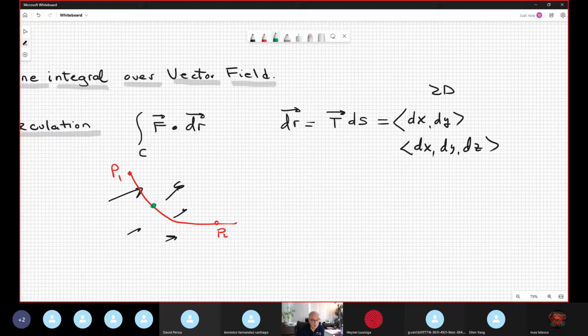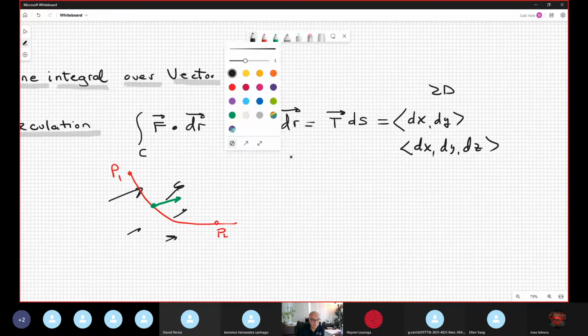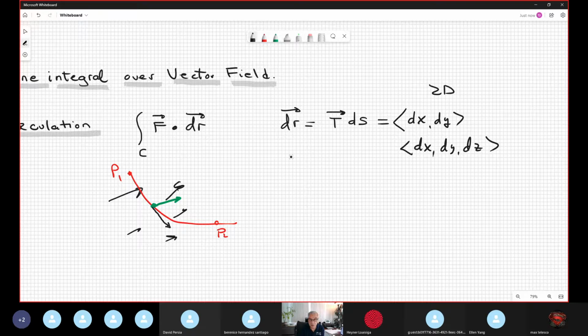I have the vector field here, suppose. And I have dr, which is a vector in this direction. Tangent. Because somehow it's a vector that depends on the tangent unit vector that indicates direction, and ds is the classical arc length, infinitesimal.